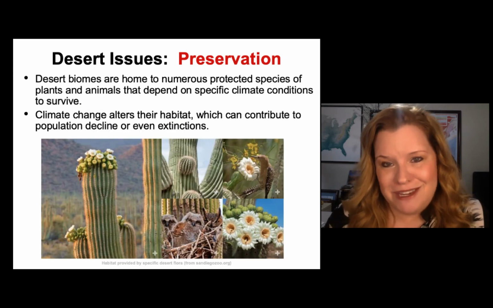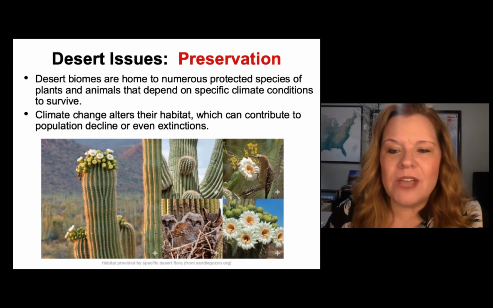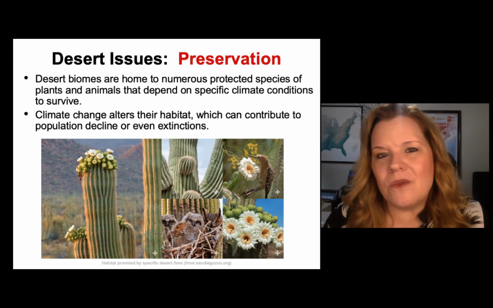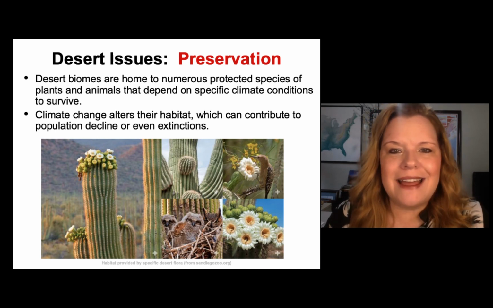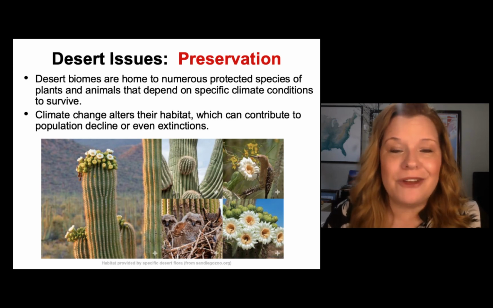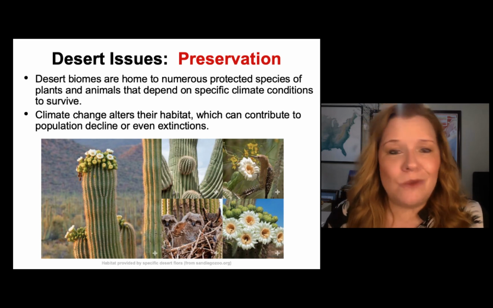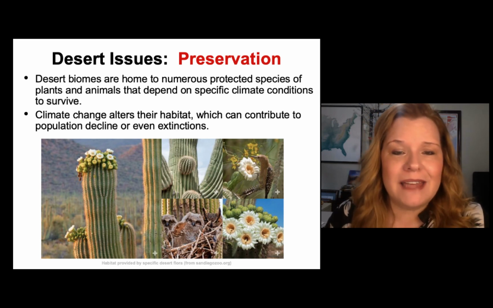That goes to the habitat issue because desert biomes are home to numerous protected species of plants and animals. All kinds of birds and cacti. I might even say the endangered California condor hangs out in this area. Climate change affects their habitat. Wildfires affect their habitat.